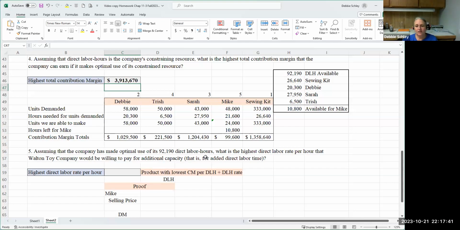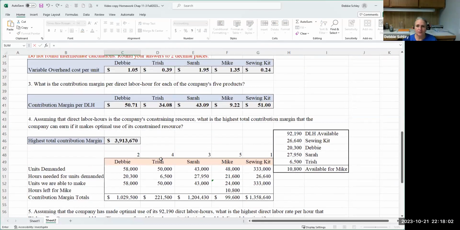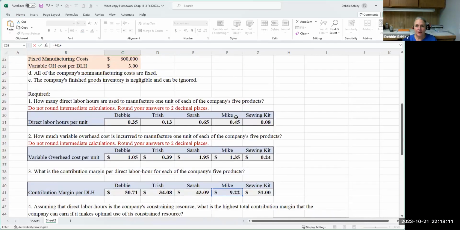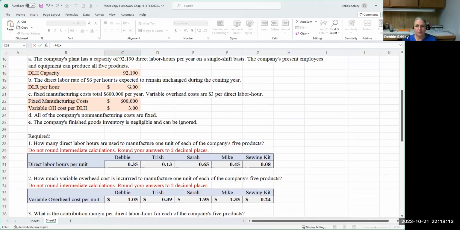So again, we're only looking at Mike because that's the one we didn't make all of the units for. And so we're going to look at the product with the lowest contribution per direct labor hour. And so that equals Mike's contribution margin per direct labor hour plus what the company pays per direct labor hour.